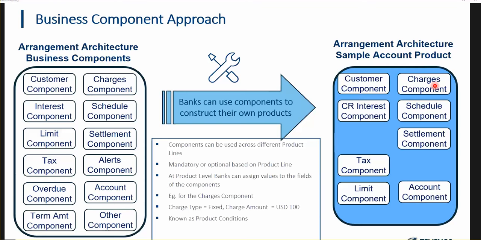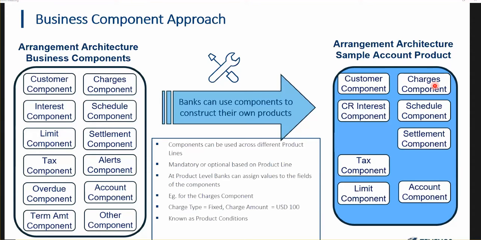It's related to interest. The charge component will also have some fields related to charges, like calculation type. Is it a percentage charge? Is it a flat charge? Is it banded? And so on. Can you see?